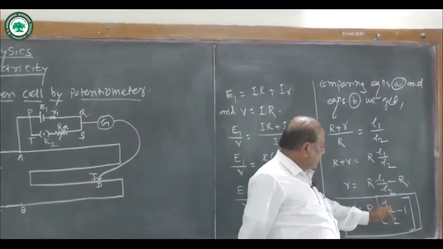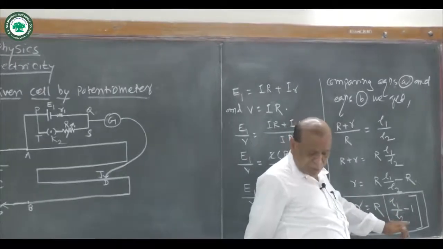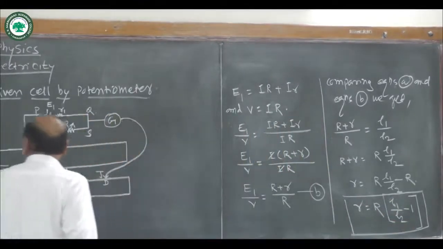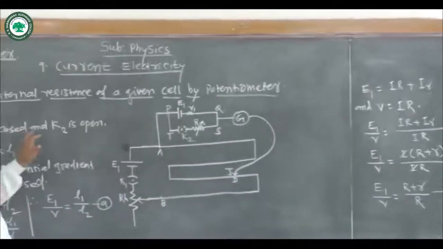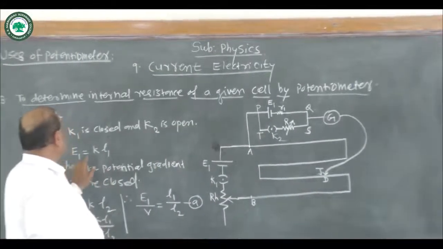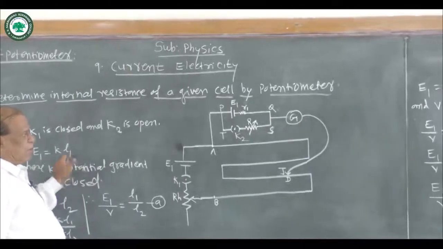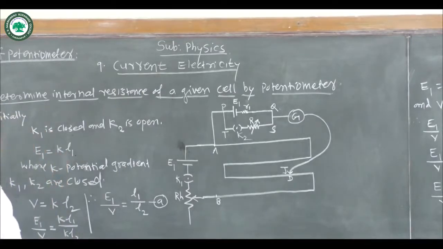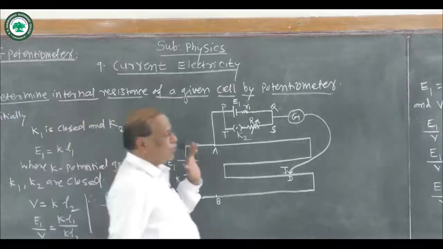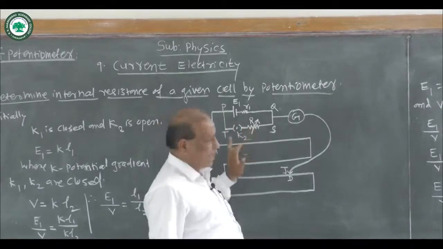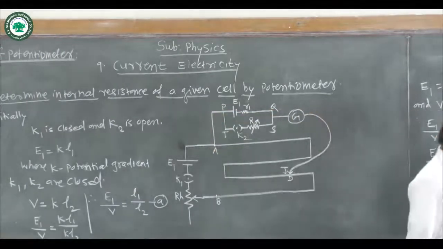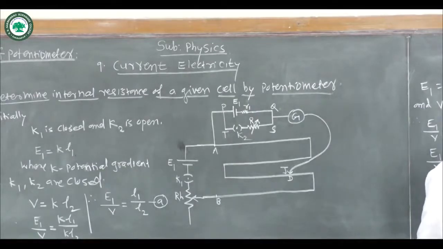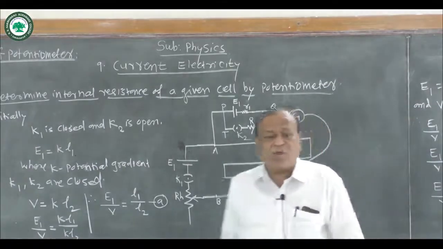Take readings for L1 and L2. How to find L1? Make K1 closed and K2 open. We get E1 is equal to KL1. Now this is the value of L1. Then make K1 and K2 both closed and find the length L2 for a suitable resistance R. Putting the values of R, L1, L2, we get the value of small r, that is the internal resistance of the given cell.